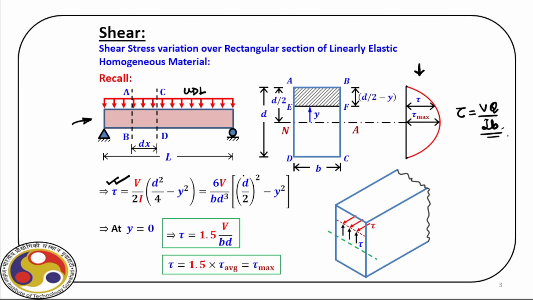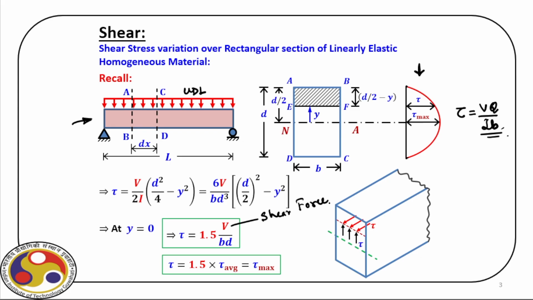That comes from this expression of tau, as you can see. Now at y equal to 0, tau is equal to 1.5 times V by BD. V is what? V is the shear force, so this is the shear force at that particular section.